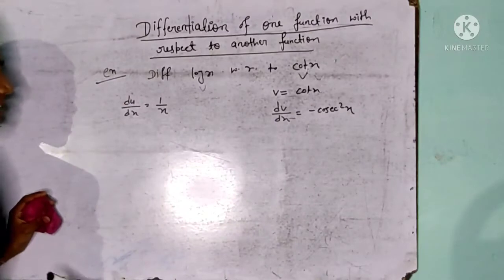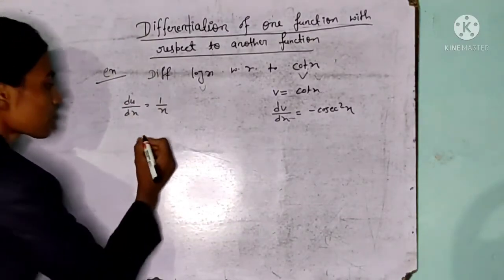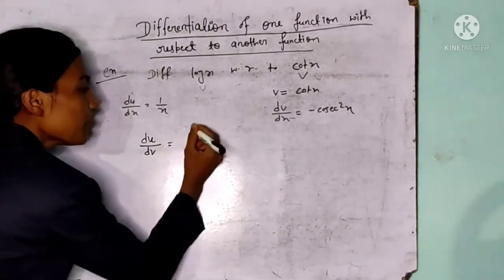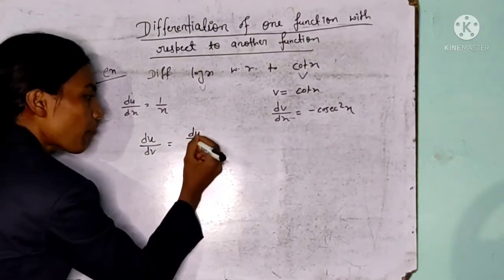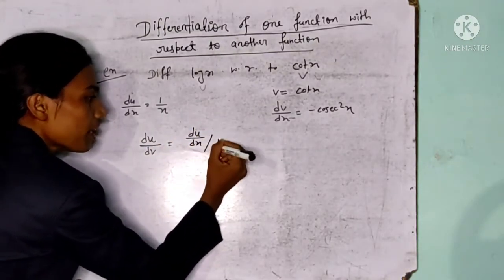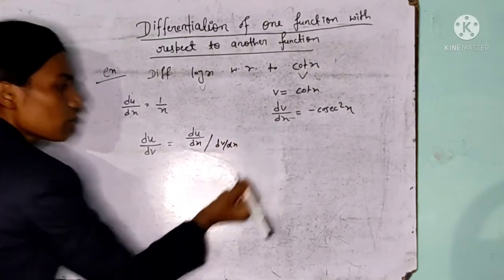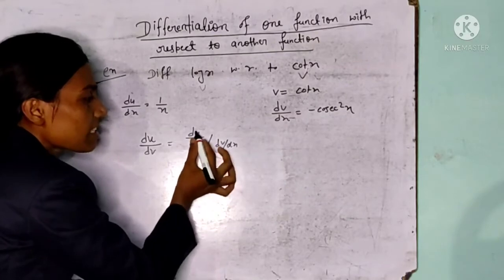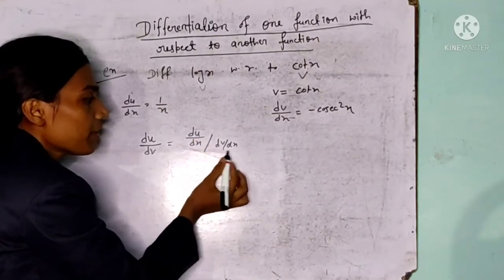See here, we just need to find du/dv. So we write du/dx upon dv/dx. If we write like this, dx gets cancelled and we get du/dv.